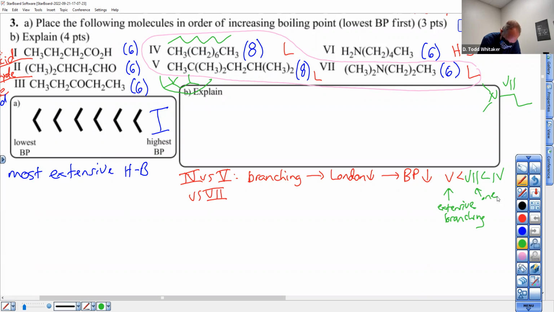One branch. There you go. And those are going to be the first 3. V less than VII less than IV. And after that, we're into H bonding, dipoles. They'll be before H bonding, correct?